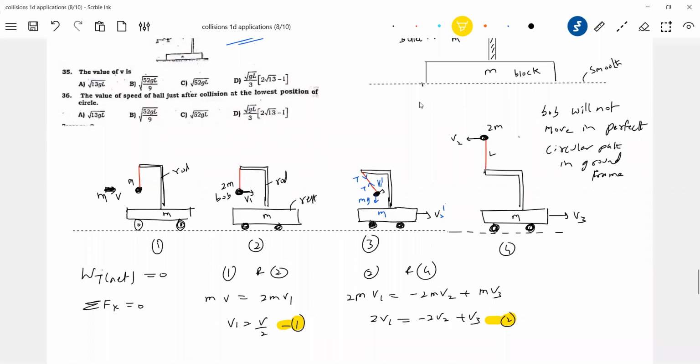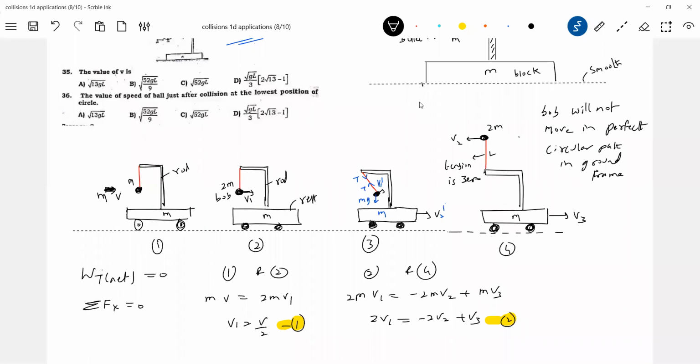This was about the condition of linear momentum. What other things can I apply here? Condition for circular motion. What is the state of tension in the string here? It will be 0, no? Tension is 0 here.